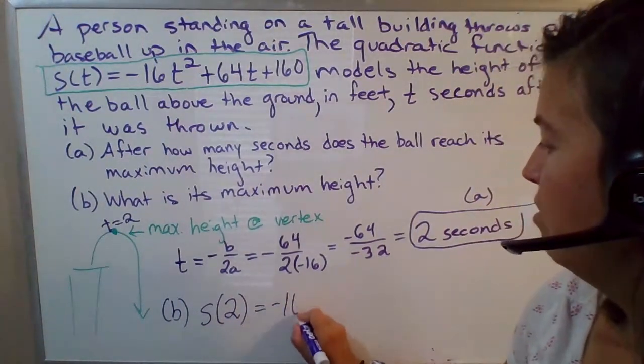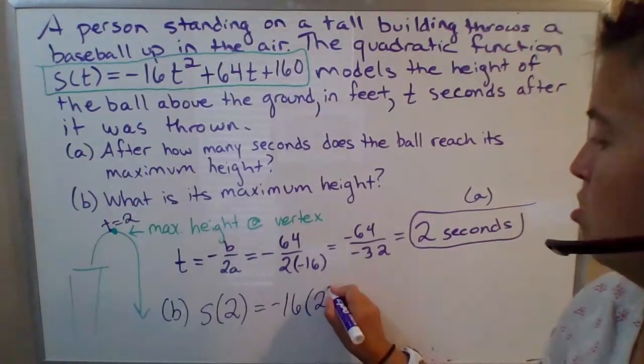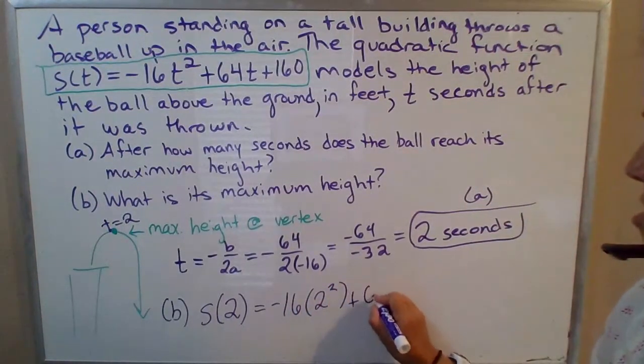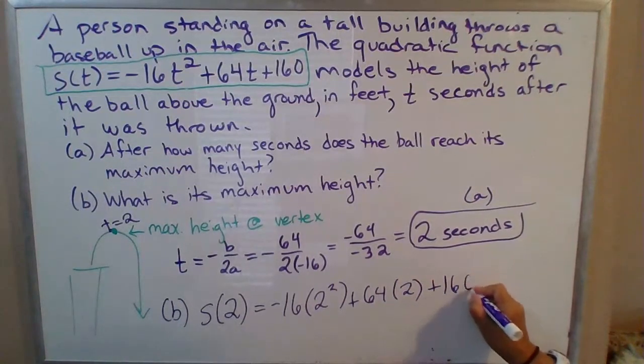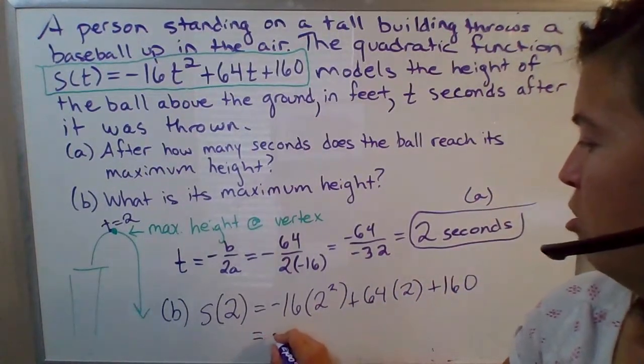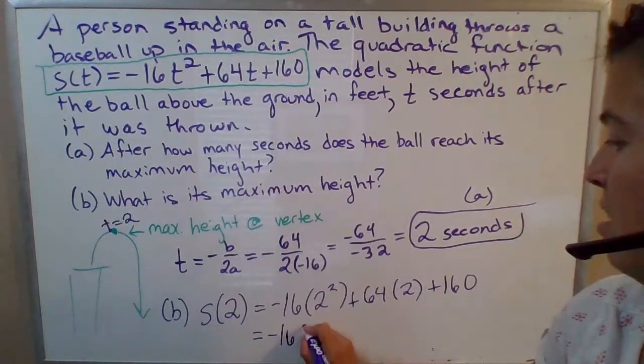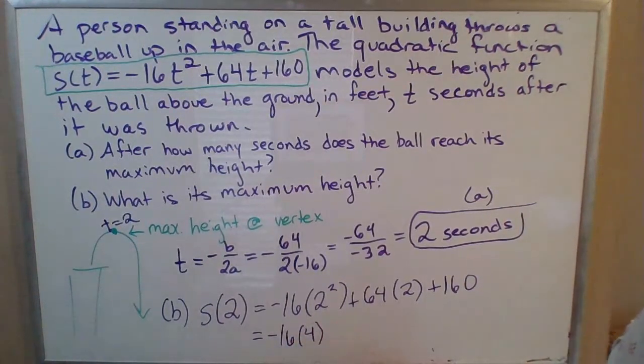So this will be negative 16 times 2 squared plus 64 times 2 plus 160. So this will be negative 16 times 4 plus 64 times 2 is 128 plus 160.